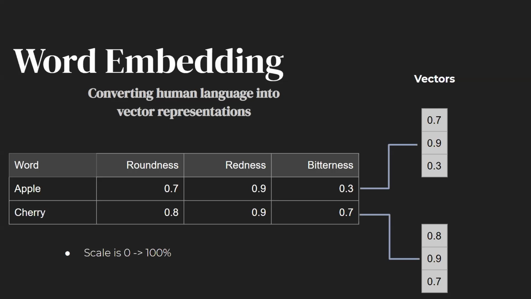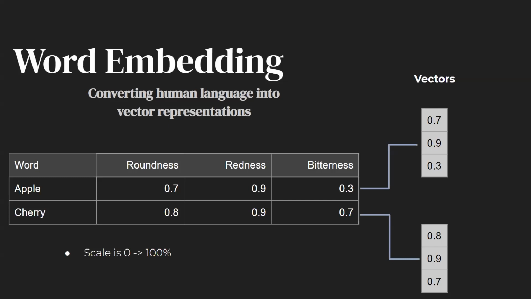For example, apple has a roundness of 70%, redness 90%, and bitterness 30%, compared to cherry, which has 80% roundness, 90% redness, and 70% bitterness. When we take all these values, we can use them to assign their vector representations.